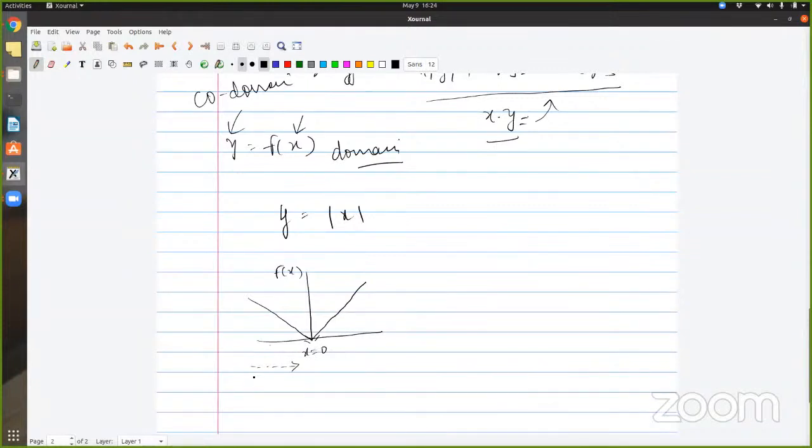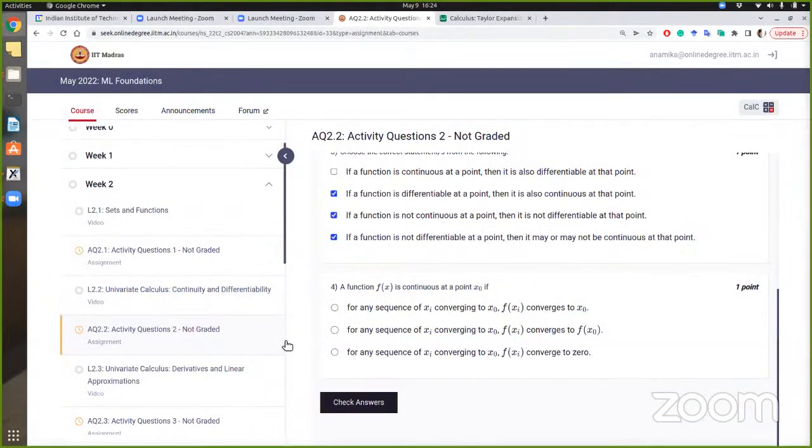So when you follow a sequence of x values, when the sequence converges to x naught, let's say this is x naught, the function value should converge to f of x naught. Right? For any sequence of x_i converging to x naught, f of x_i should converge to f of x naught, not x naught. First is incorrect, second is correct, third is incorrect.